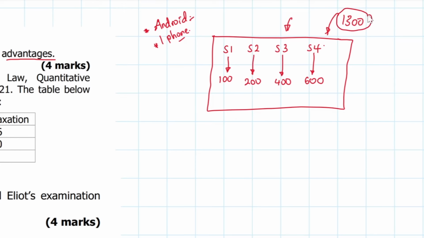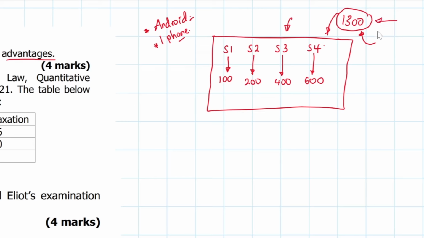But we cannot go and analyze or pick information on all the 1,300 students. There might be too many for us to do so. It could become too expensive or very time consuming. So what we do is sampling.